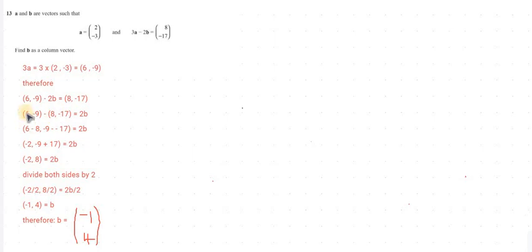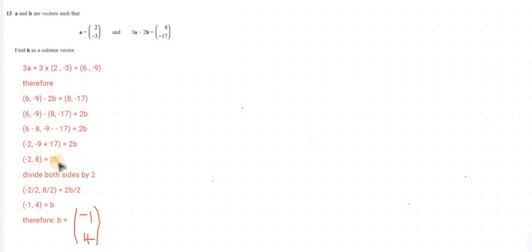So that's 6 minus 8, that's the x coordinate, and minus 9 minus 17. So 6 minus 8 is minus 2, minus 9 minus 17 is minus 9 plus 17, still equal to 2b, and minus 9 plus 17 is 8.